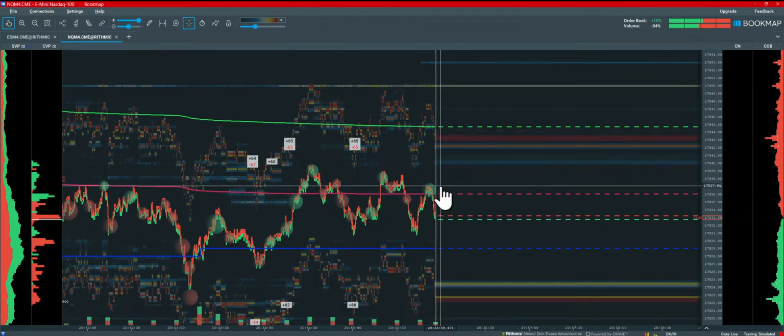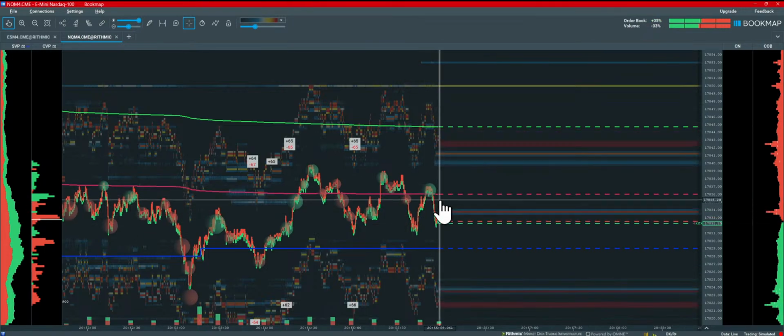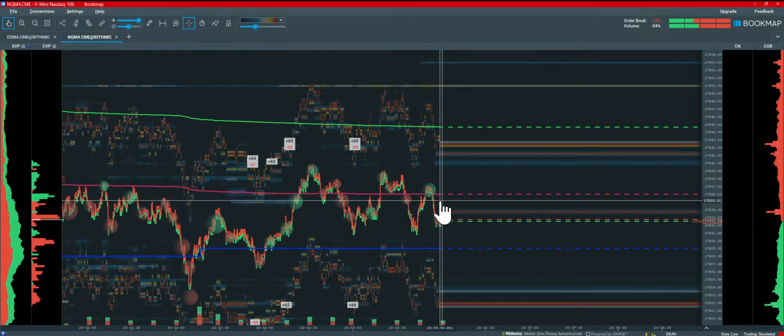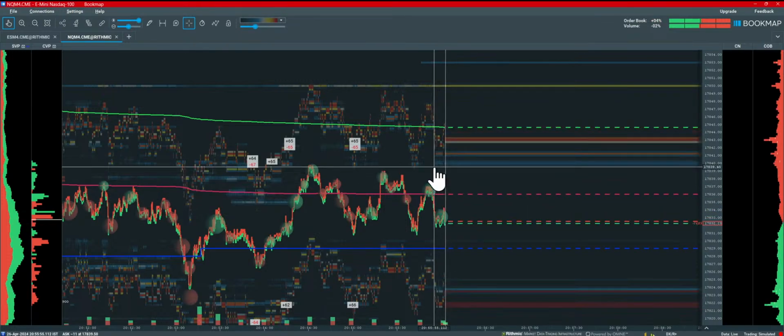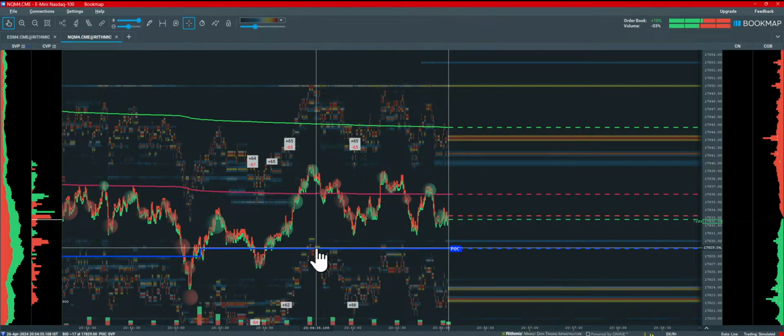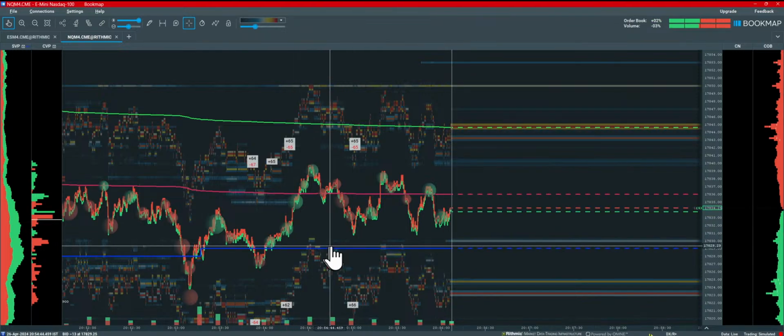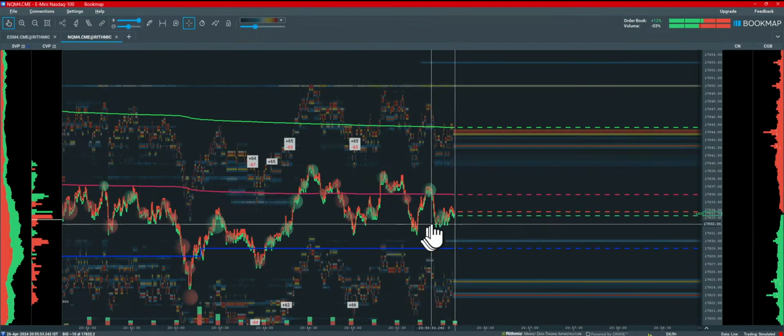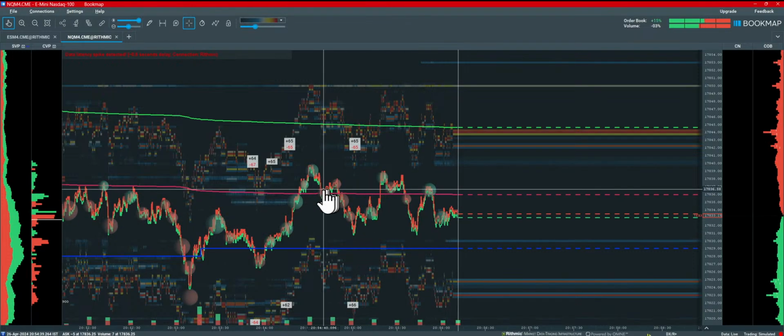And then I would enter a short somewhere here, 1735. Again, the stop loss is just above this, and I want it to go at least till the POC, that is the current POC over here. So you can keep doing this, and you'll find this tool very important.